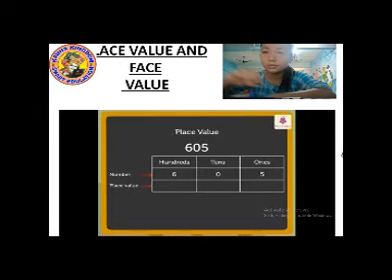The place value of number 6 is 6 into 100, that is 600. The place value of number 0 is 0, as there are 0 tens. The place value of number 5 is 5 into 1, that is 5.